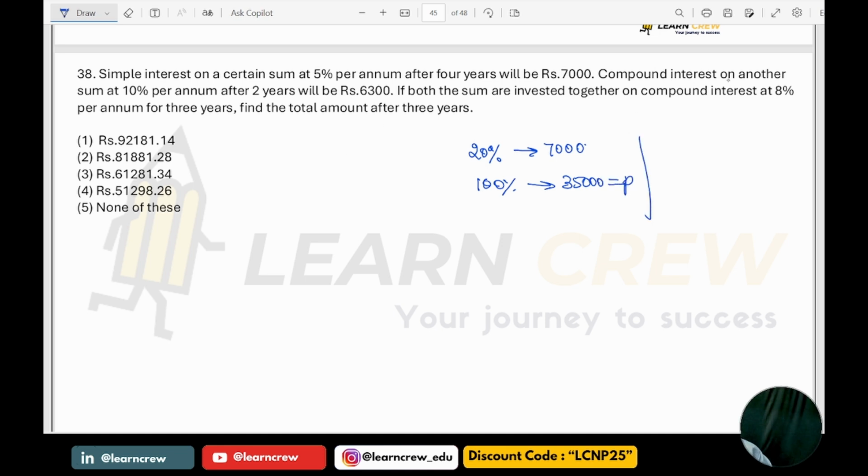Now, compound interest on another sum at 10% per annum after 2 years would be 6,300. 2 years at 10% means it is 21%, 6,300. Thereby 100% would be 30,000, which is P2.